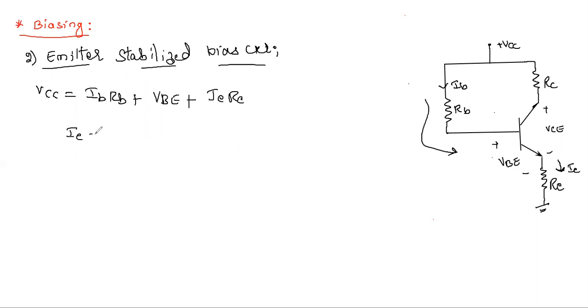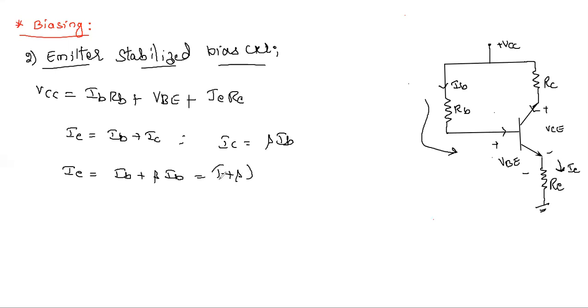But IE is given by IB plus IC. It is a combination of IB plus IC. Here IB is entering, here IC is entering, so IE is leaving. And IC is equal to beta times IB. If I substitute over here, the value of IE is IB plus beta IB, that means 1 plus beta times IB.